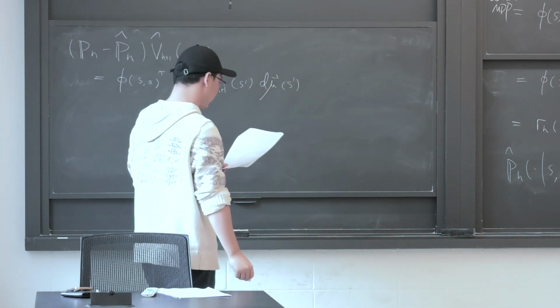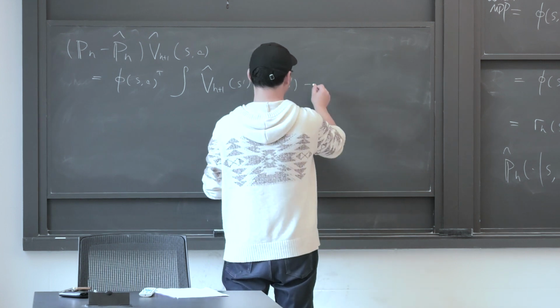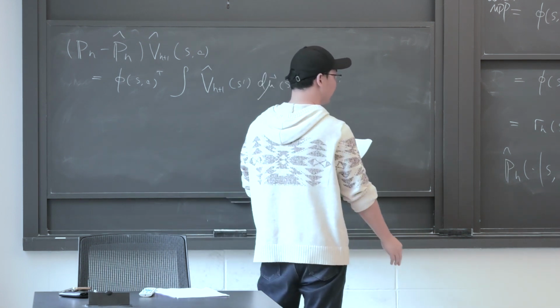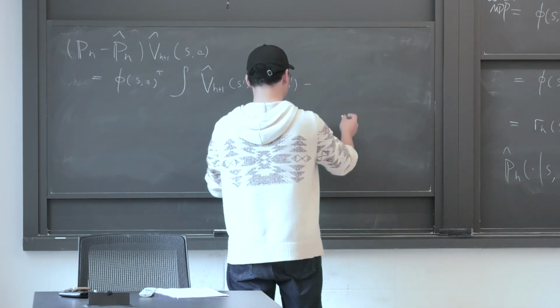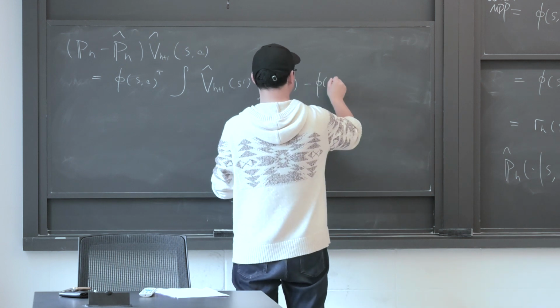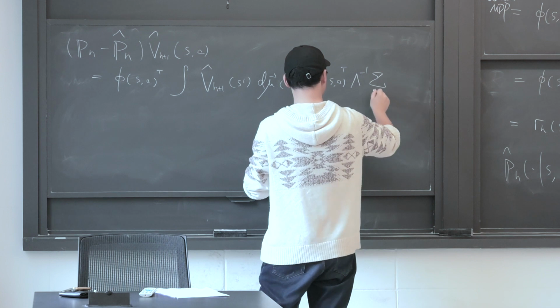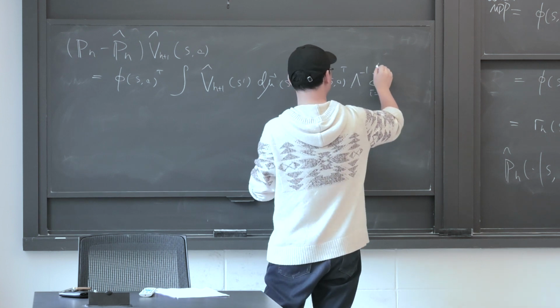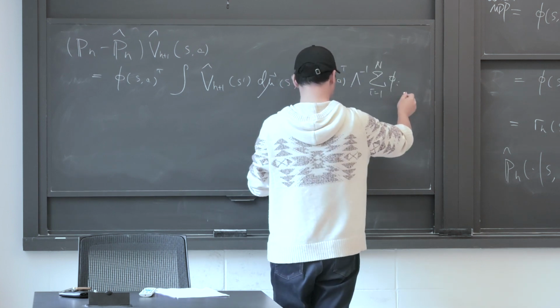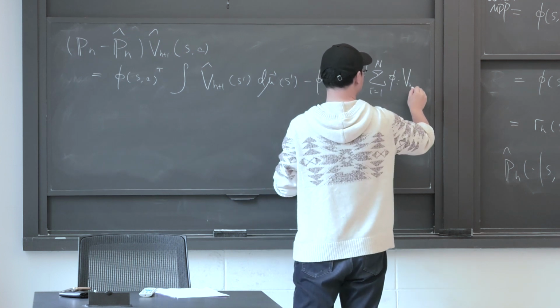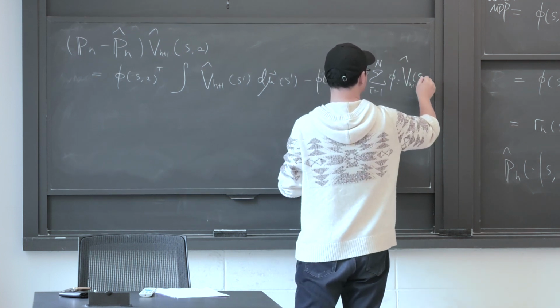Then we subtract the second thing, where we define the p hat v hat here. That is equal to phi SA transpose lambda inverse summation I from 1 to n phi I VH plus 1 hat SI prime.